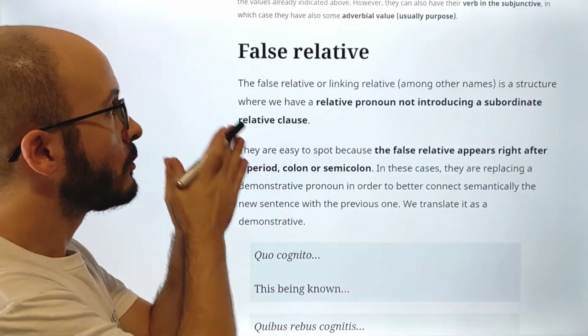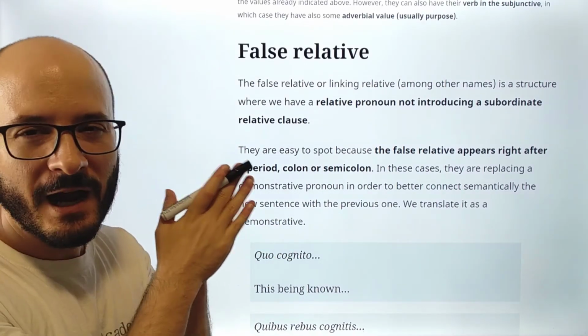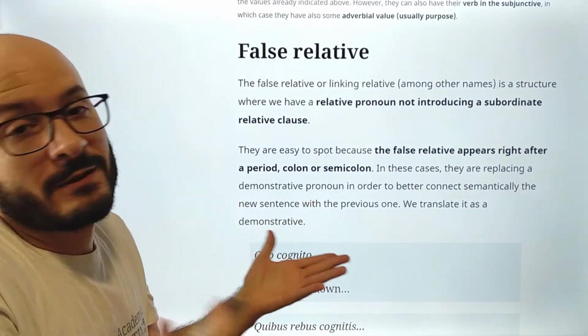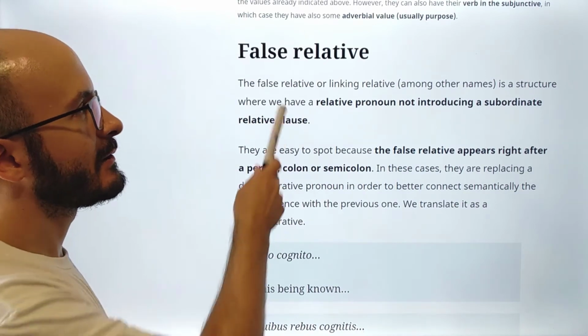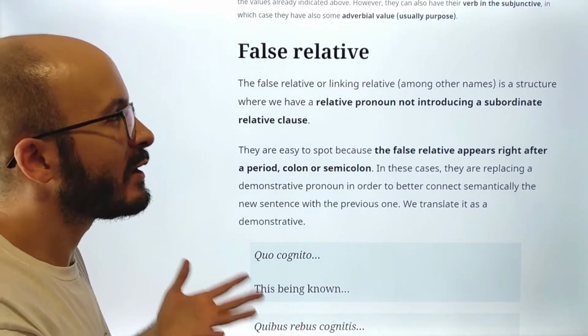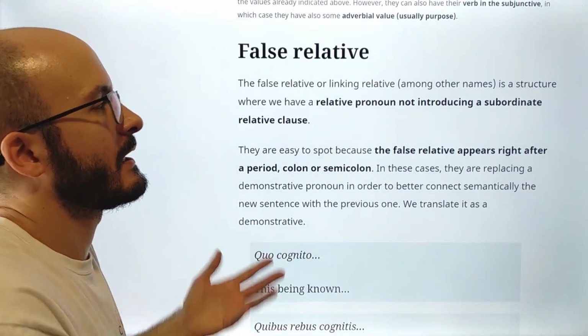Now, what we call false relative. Probably there is some other terminology in English grammar, but in my tradition, the Spanish tradition, it is called either falso relativo, or we could maybe call it in English linking relative, whatever, it doesn't matter the name, okay?